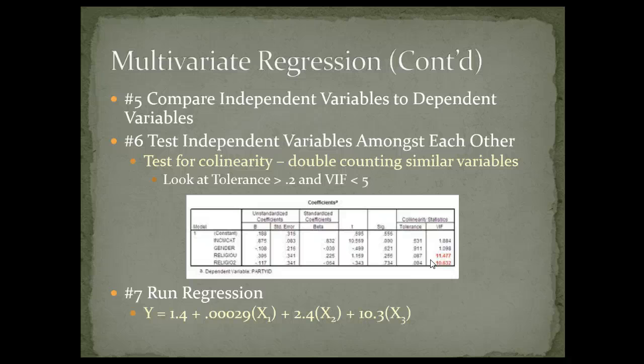So after that, we run the regression, and we can see here the final model is y equals the intercept 1.4 plus the coefficient times the variable plus another coefficient times the next variable, and so on. And it's all coming from our table.